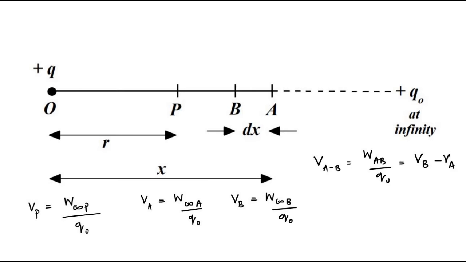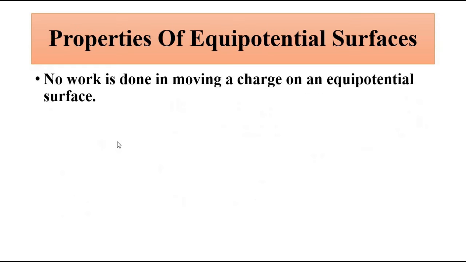So we can say that the potential difference between any 2 points, VB minus VA, is the work done in moving the charge between those points divided by the test charge value Q0.